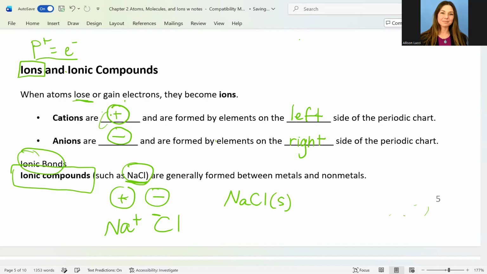NaCl solid is table salt. Many of these ionic compounds form crystalline structures, and in general, we refer to a combination of a positive and negative ion as a salt. So magnesium fluoride, calcium bromide, these will all be salts in general.